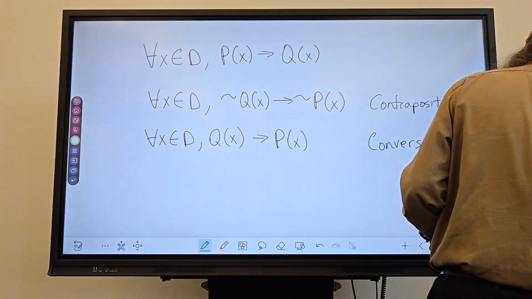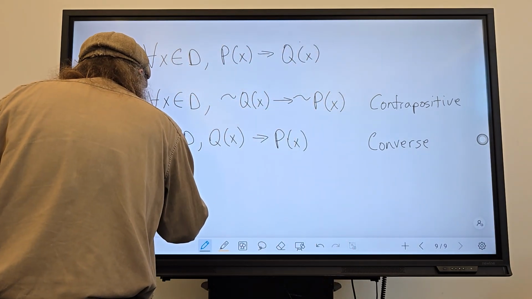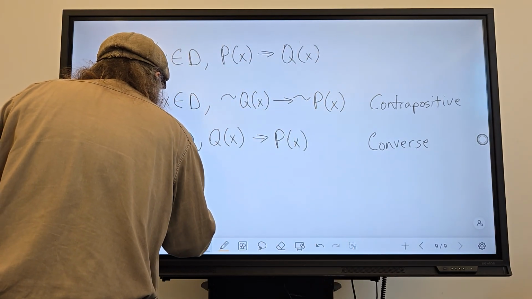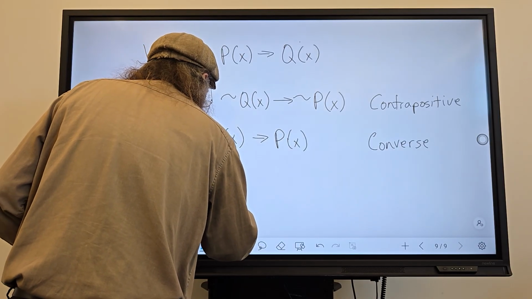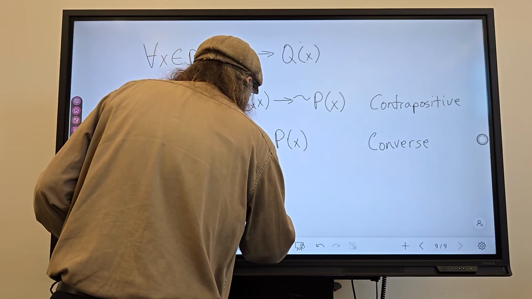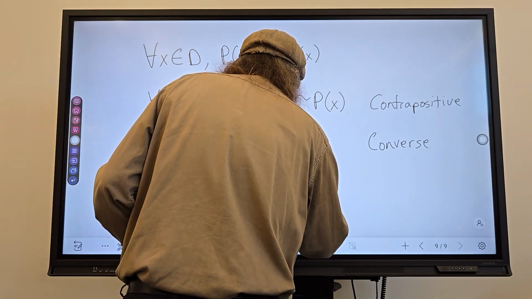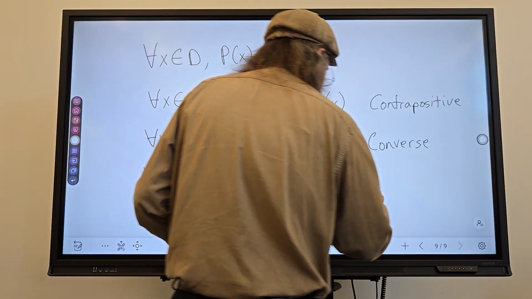And then you have the inverse, which is for all x, element of D, if not P of x, then not Q of x. And that's the inverse.